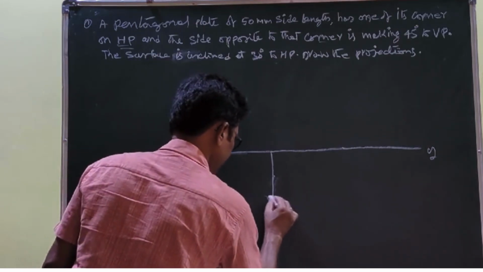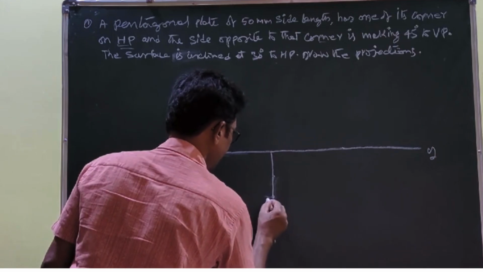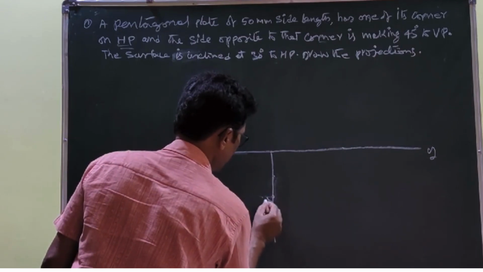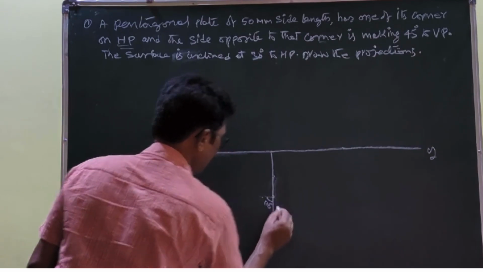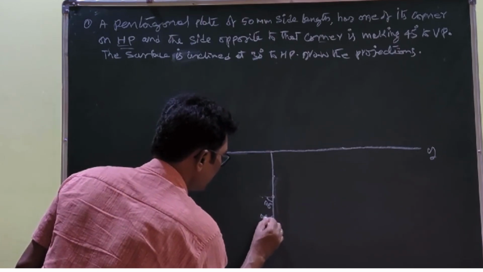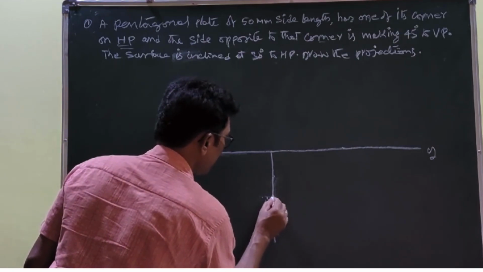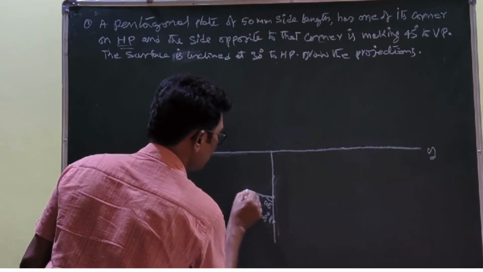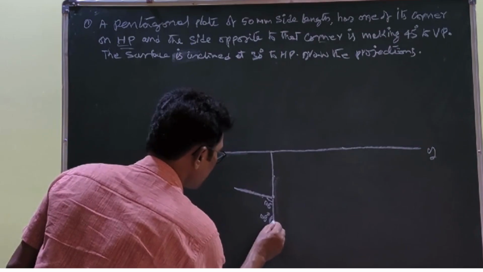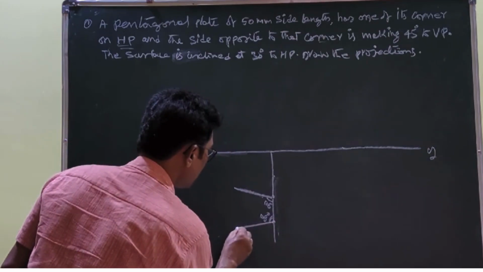Through this 108 degrees you draw a line, this is also 108 degrees, through that you draw a line, like this. Here also you draw a line like this.